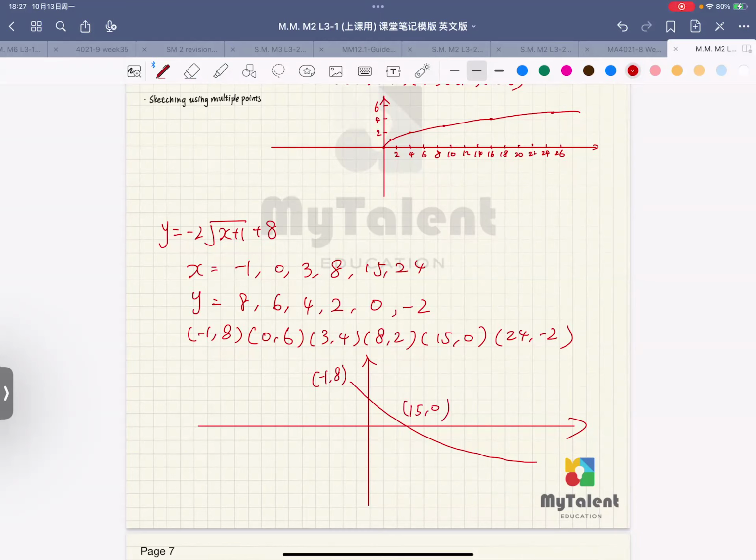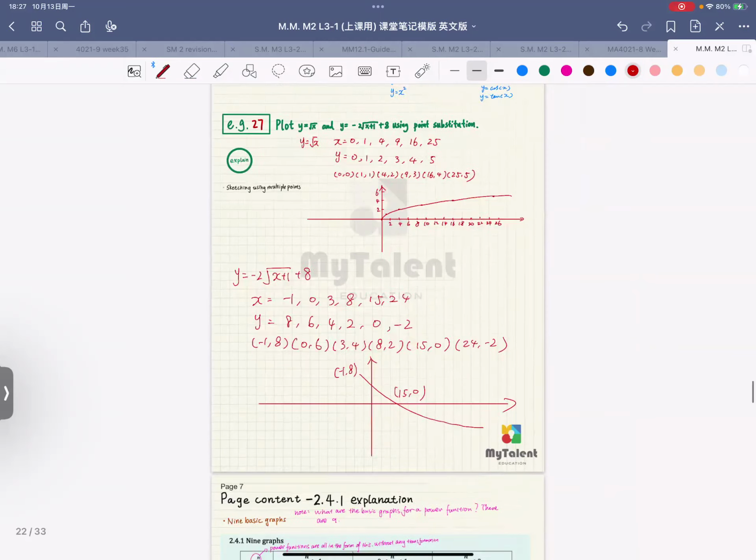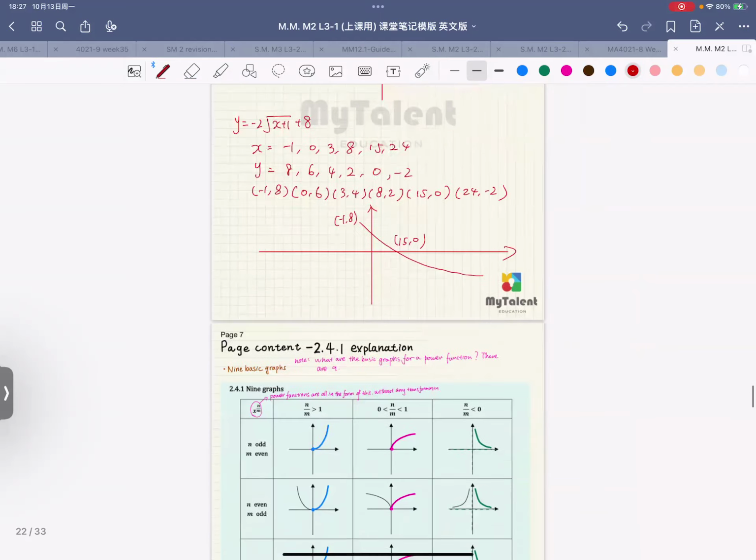That's how you draw the graph. You have all the x and y coordinates, the points, and you basically use a line to link these points together. That's how you draw the graph.